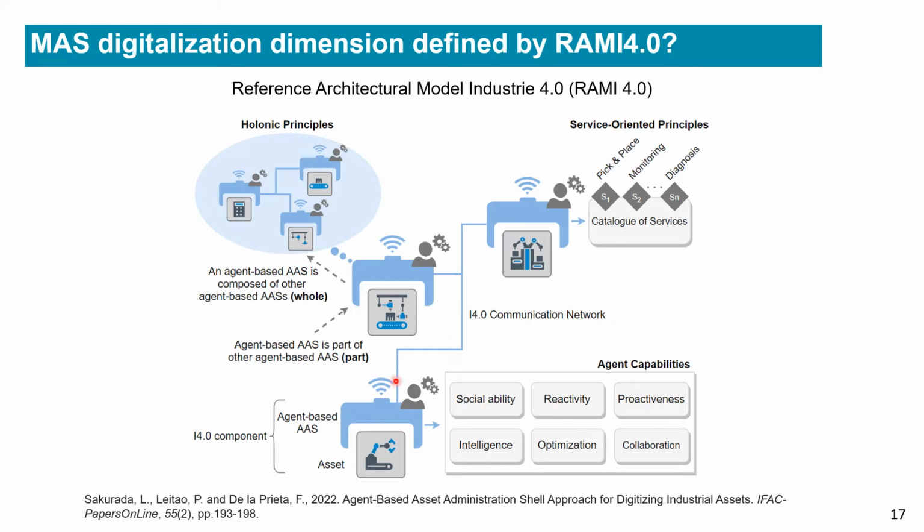And of course, every Industry 4 component can communicate with other components through the network, and by utilizing agent capabilities like sociability, reactivity, proactiveness and intelligence, achieving optimization and collaboration.